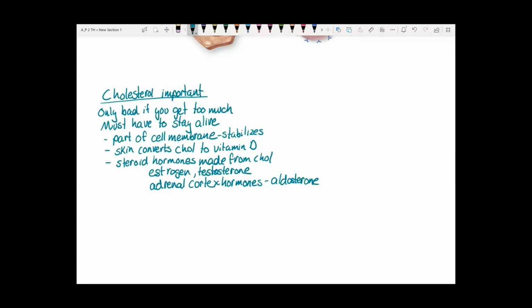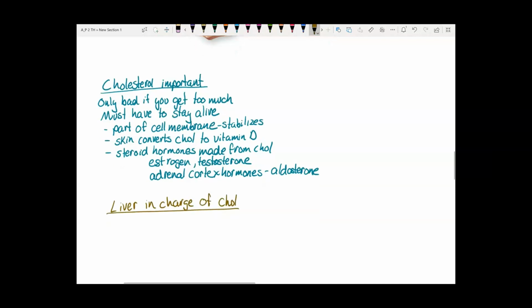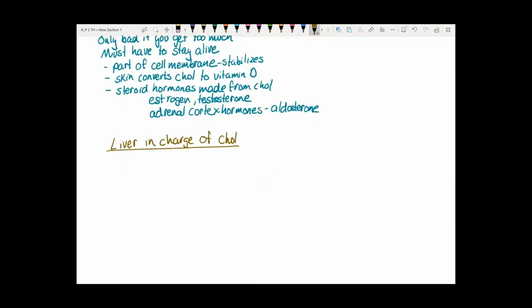Your liver is in charge of cholesterol. So your liver distributes cholesterol out to your body. It's kind of the organ that's in charge of passing out the cholesterol to all the other parts of your body.